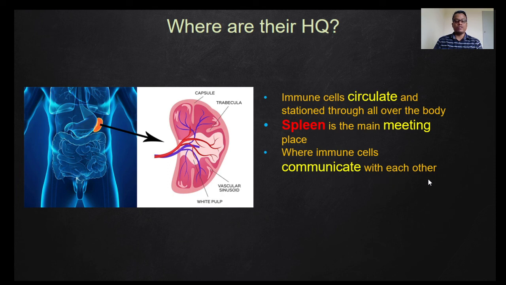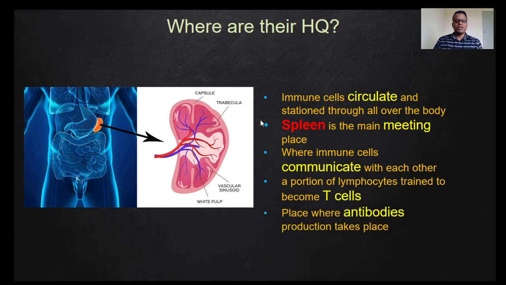We know we have a lot of types of innate and also adaptive cells. So spleen is the place where they will have their meeting and communicate. A portion of lymphocytes are also trained to become T cells here in the spleen. Spleen is also the place where B cells produce antibodies, and the invaders are filtered out from the body.